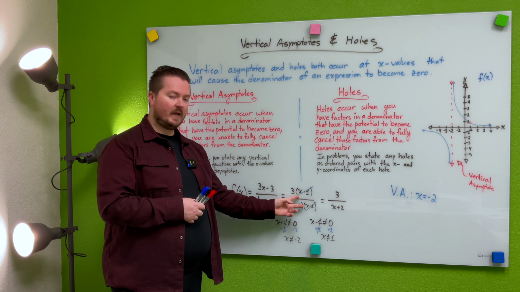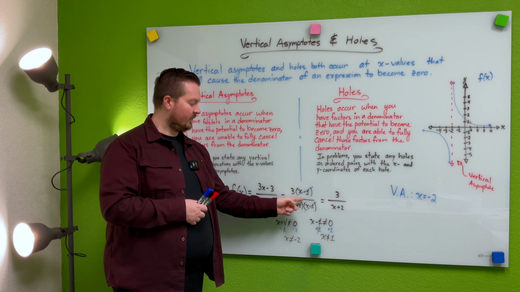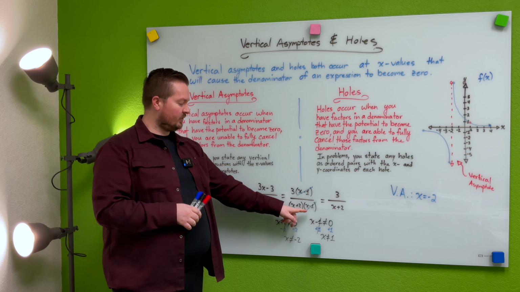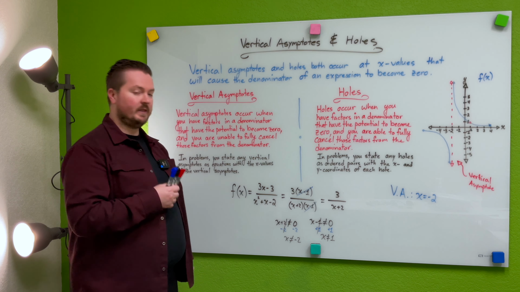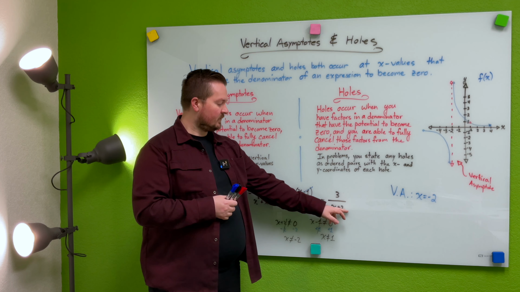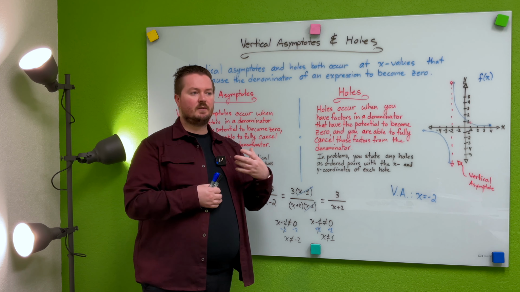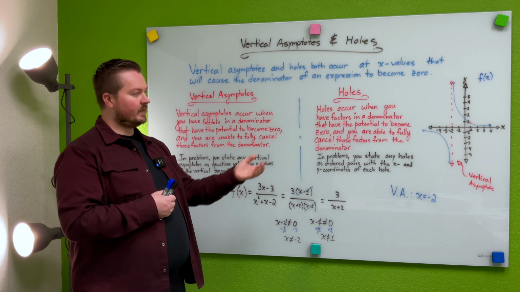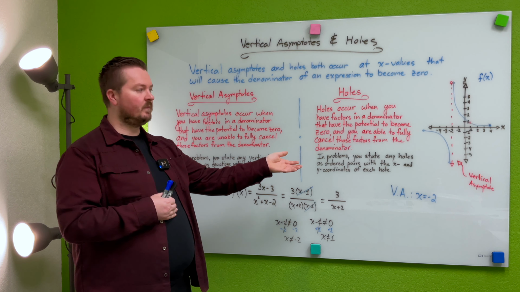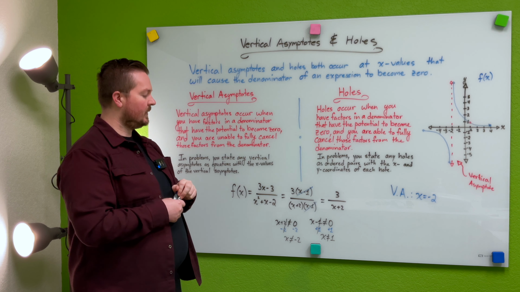But right here, we actually managed to cancel those factors completely, so there's no more x minus 1 in the denominator. So the fact that we got rid of that x minus 1 allows us to get a better graph for the function that does not have a vertical asymptote.